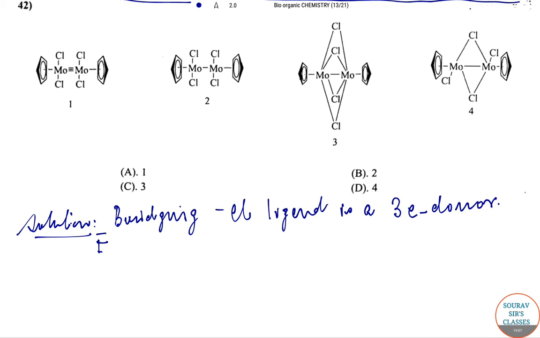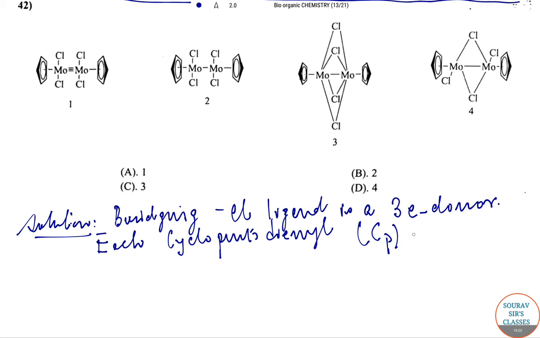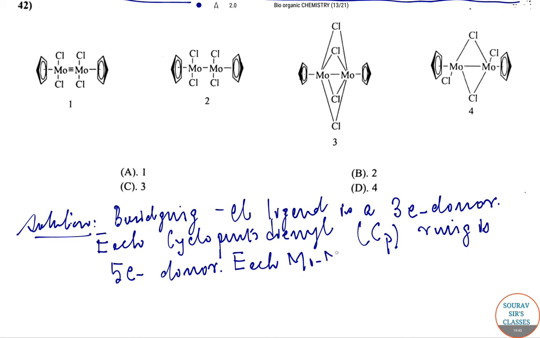Each cyclopentadienyl Cp ring is a 5 electron donor. Each Mo bond will provide 2 electrons.